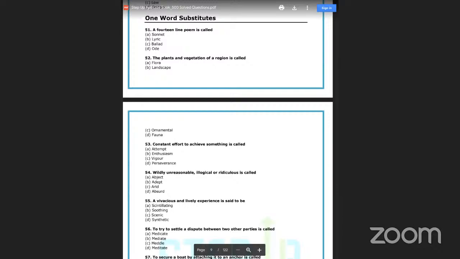Okay, next, the plants and vegetables of a region are called what? A, flora. Okay, next, landscape. A landscape has to do with the environment.